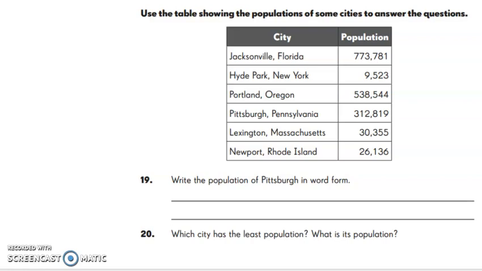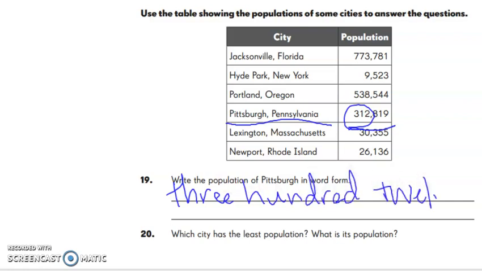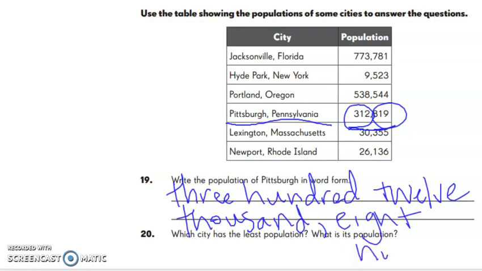So I have to find Pittsburgh. Okay, here it is in standard form. So let's look. We have, okay, 312,000. Notice I did not say the word "and" or write it. Second part, 819. Oh no, I'm running out of space.